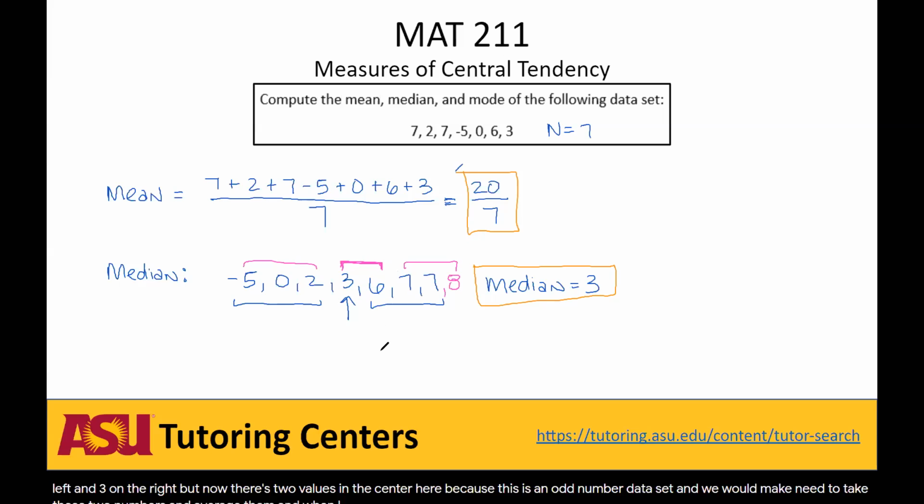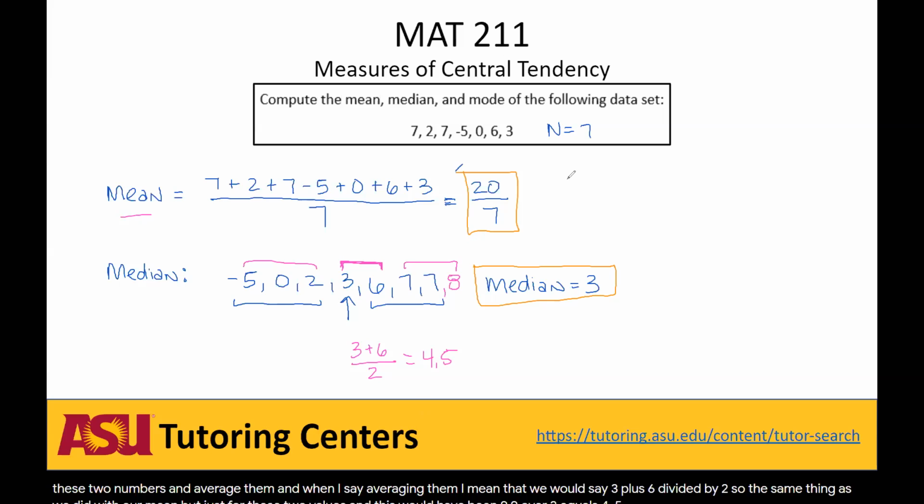When I say averaging them, I mean that we would say 3 plus 6 divided by 2, the same thing as we did with our mean, but just for these 2 values. And this would have been 9 over 2, which equals 4.5. But in this case, we do have an odd number set, so we don't need to do this.